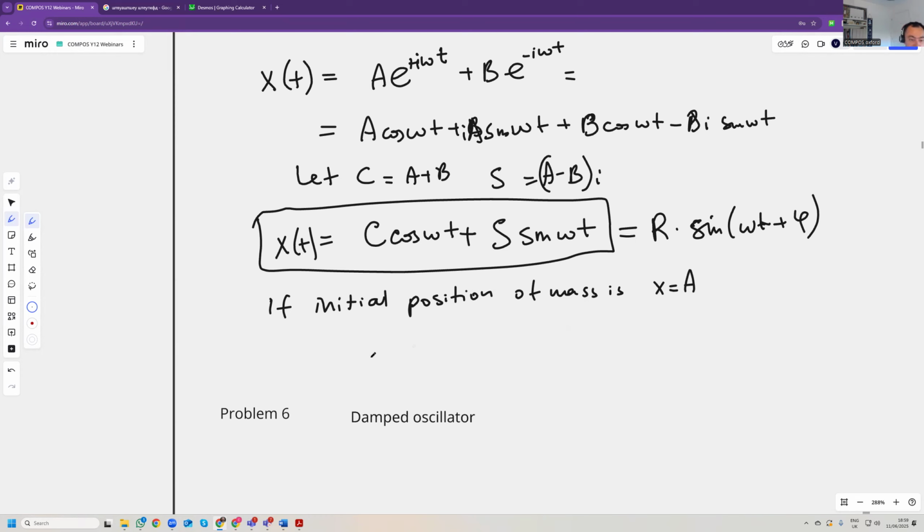Then you can substitute t equals 0, so x of 0 is equal to c multiplied by 1 plus s multiplied by 0, and that's equal to a. Therefore, c is equal to a.